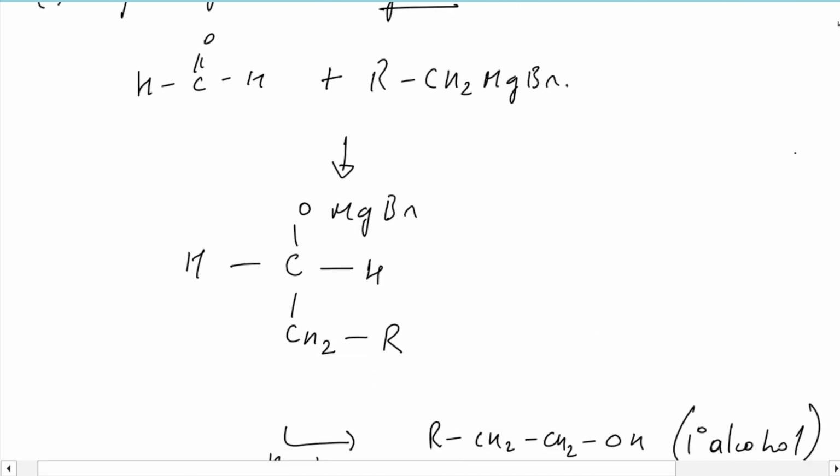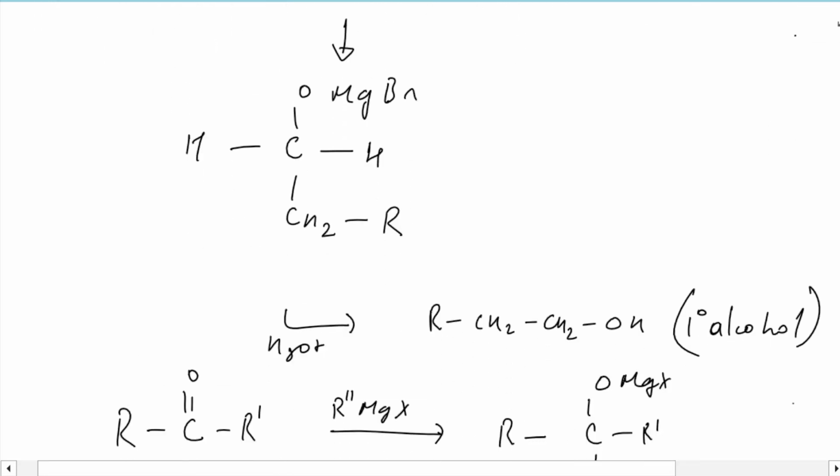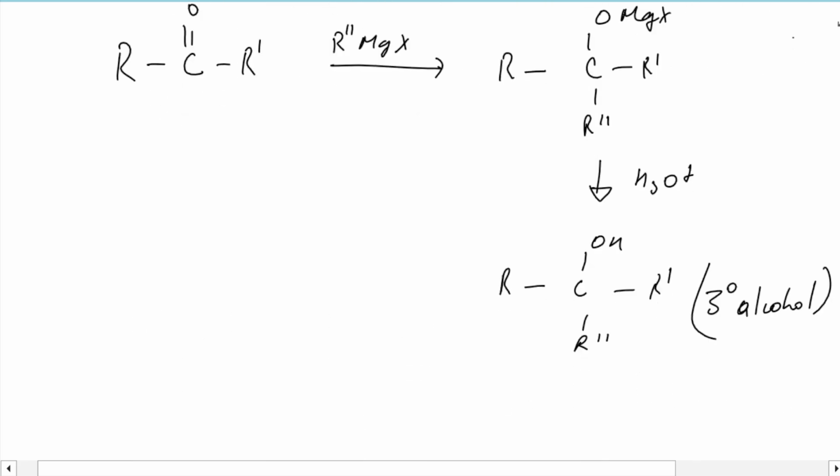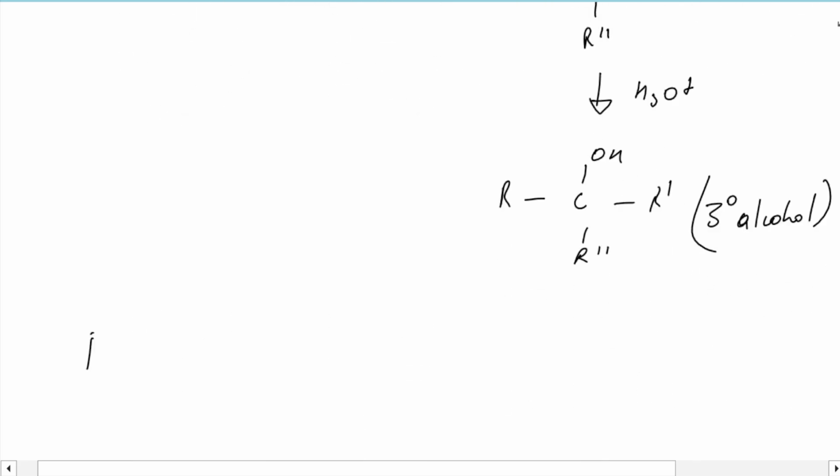So basically formaldehyde will yield you primary alcohol, ketone will yield you tertiary alcohol, and a normal aldehyde will yield us secondary alcohol.